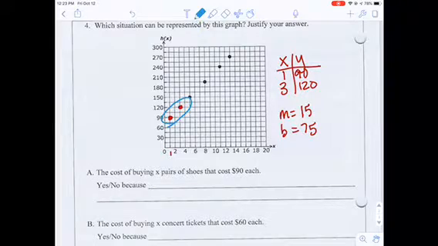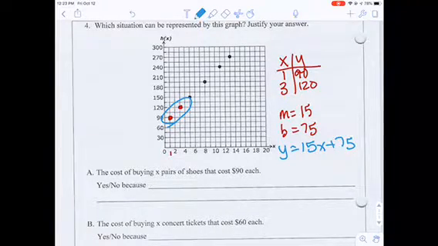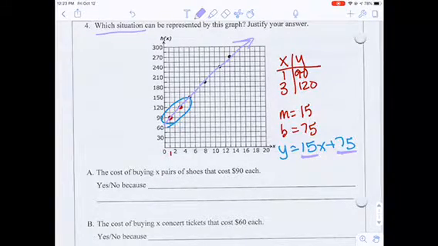So you can take 2 points and figure out what your equation of the line would be, or some different parts. And then they're asking you about the situation, so they're kind of asking you about the graph. I'm looking for numbers like 15 and 75 because that deals with where the line starts at 75 or how much it increases.